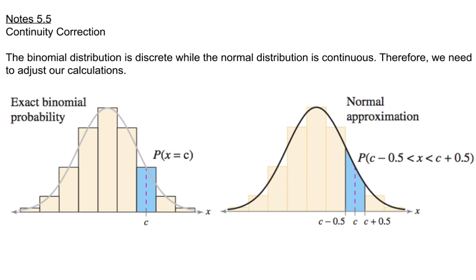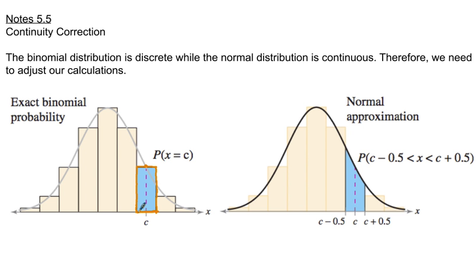Over here on the left-hand side, we see this highlighted bar. Normally, using the binomial distribution, to get the probability, we're actually finding the area of this bar. We would find the probability that x equals c, and that would be the height of this bar times the width of the bar, which is always just 1 if it's x equals a value in the binomial distribution.